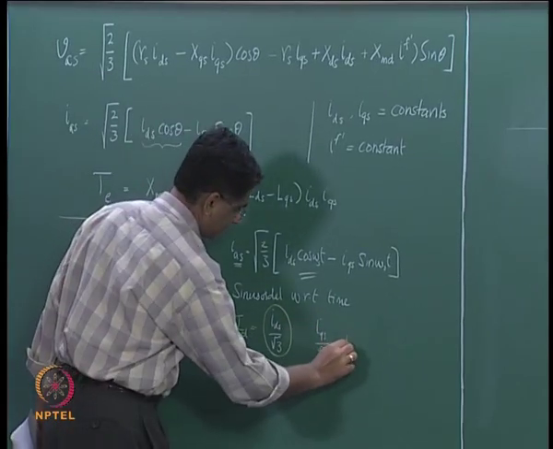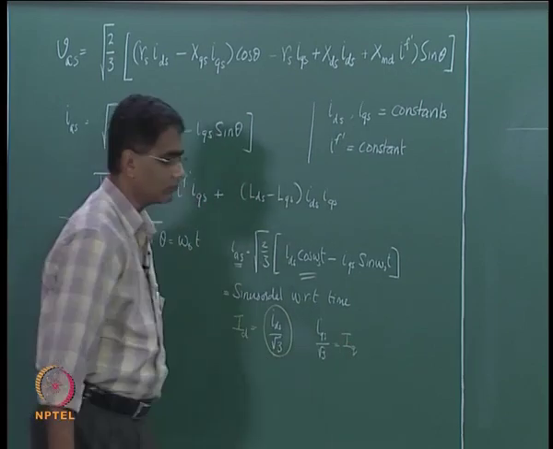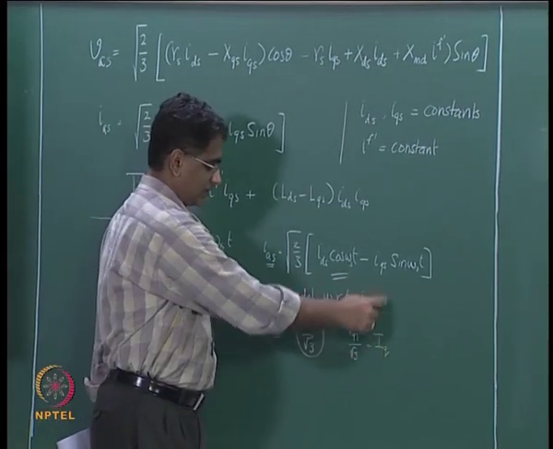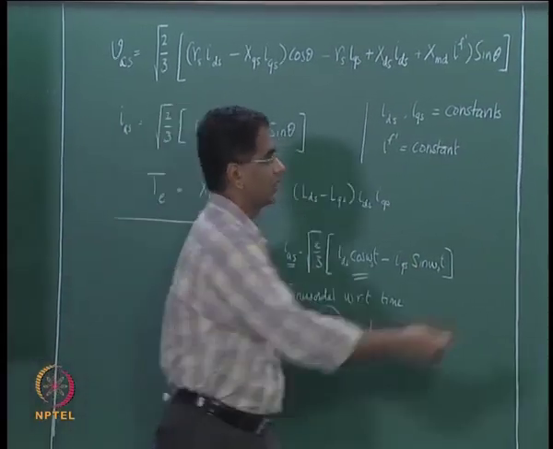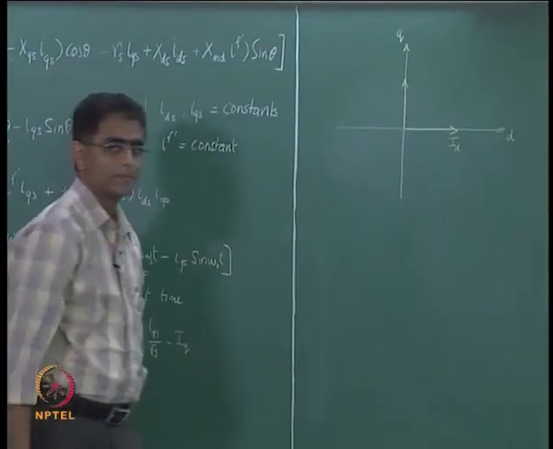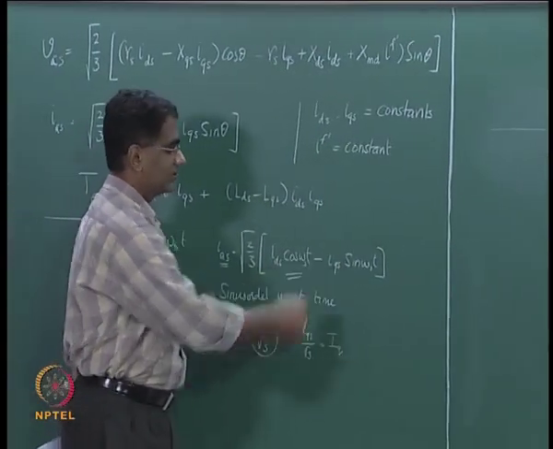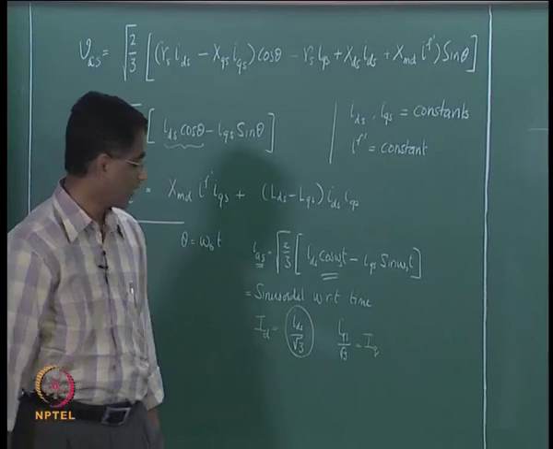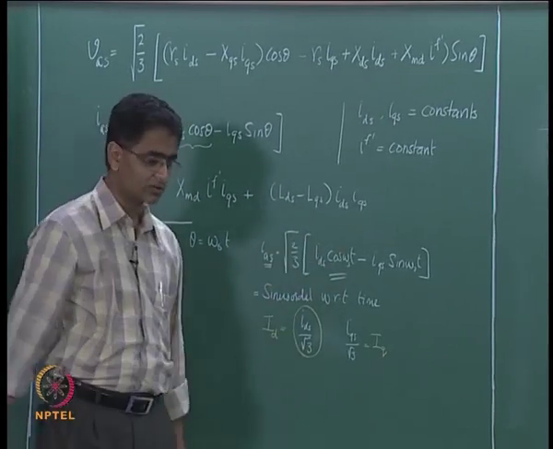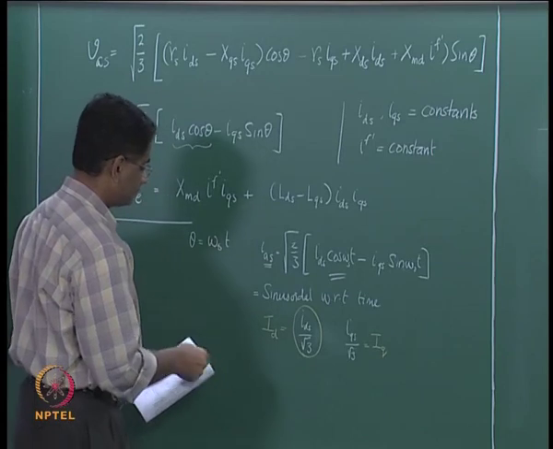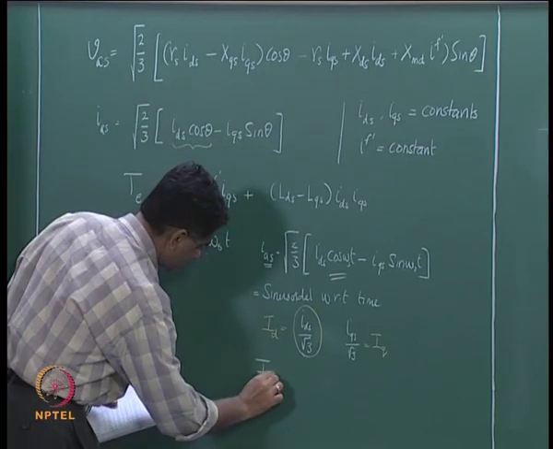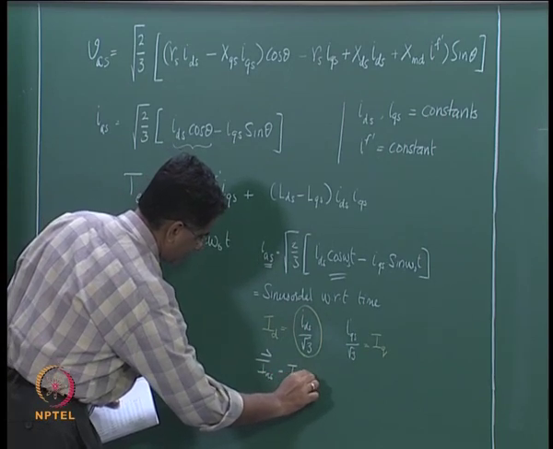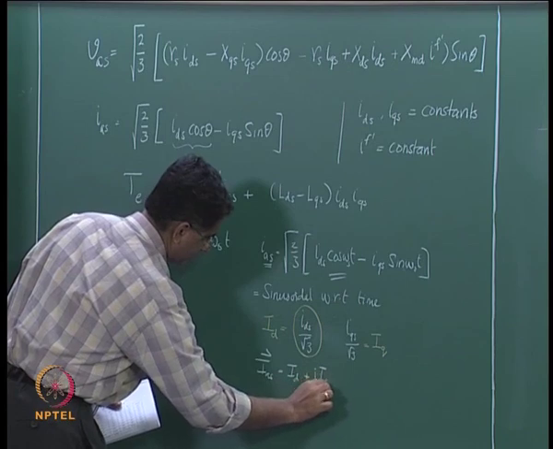Let us call this IQ. Its phasor lies along the q axis, because it is minus sin omega t. And what this expression says is that IAS is the sum of these two, which means we can write the IAS phasor as ID plus j times IQ.